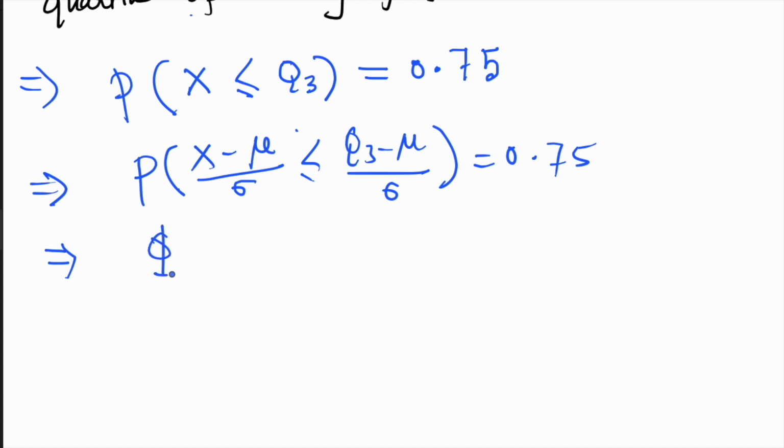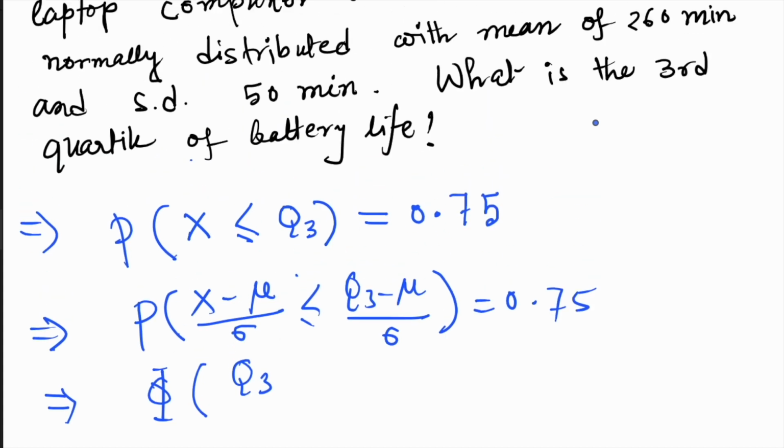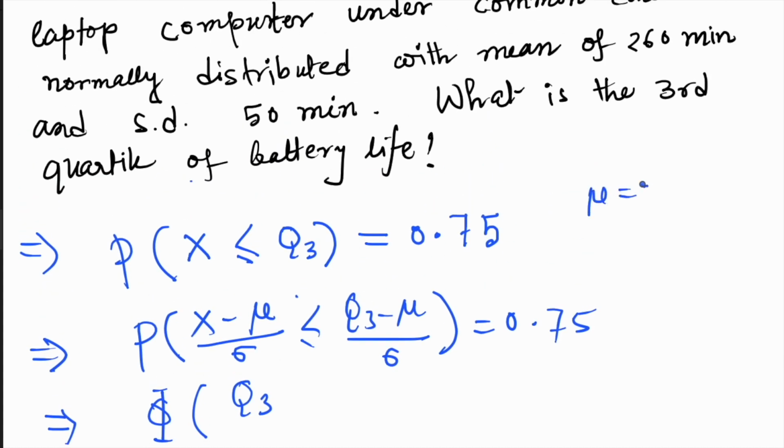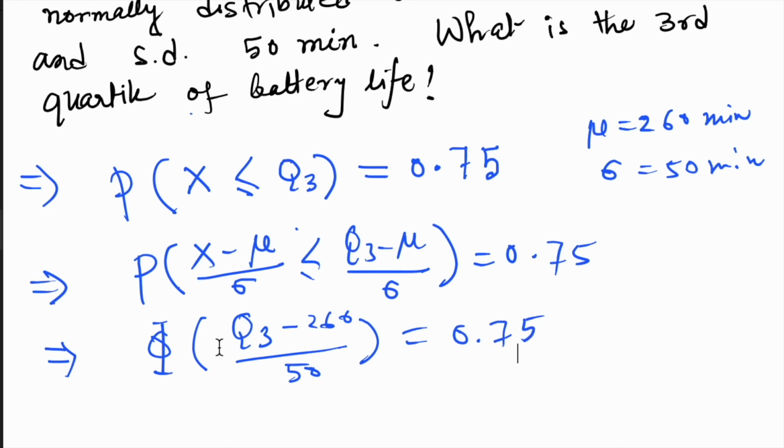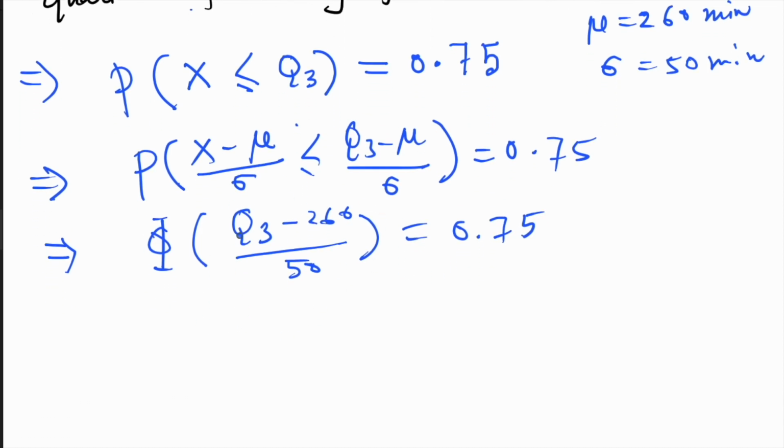So that is phi, the cumulative distribution function of the standard normal distribution, of Q3. Here it has been given mu is 260 minutes and sigma is 50 minutes. So that means Q3 minus 260 by 50 is 0.75.